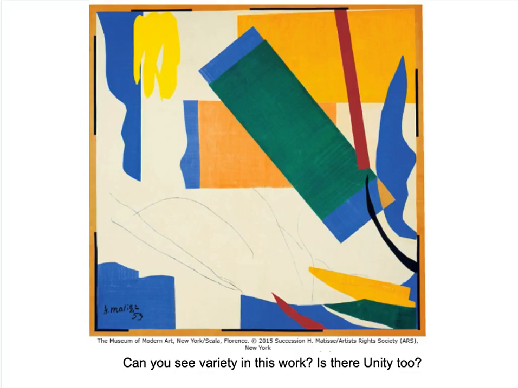And then lastly, is there some unity? We've talked about all the differences. We're trying to find differences in each of those elements. But what about unity? Remember, unity is what we just talked about. Does it all feel like it goes together? Does it have a sense of belonging together and oneness? No wrong or right answer.